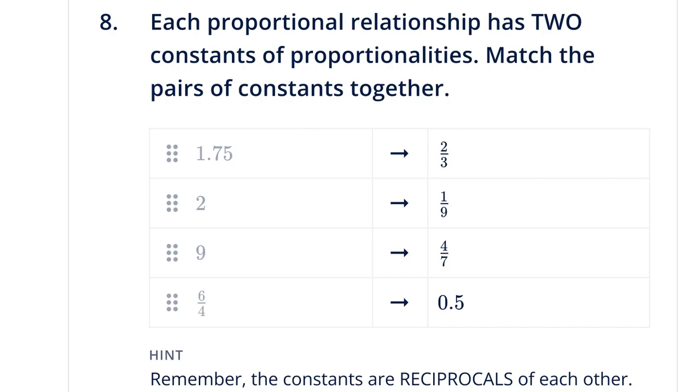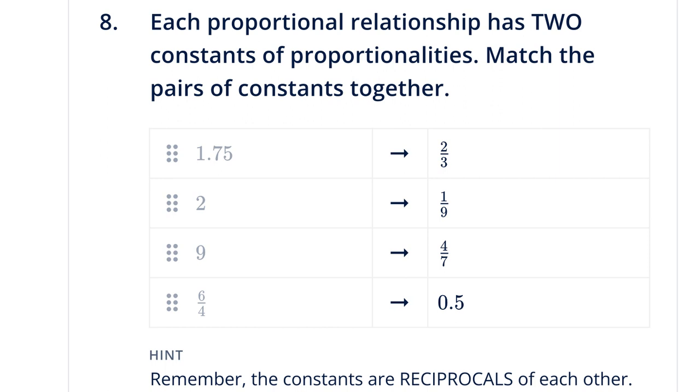All right, question 8. Each proportional relationship has 2 constants of proportionality. Match the pairs of constants together. We have done activities in Desmos and on the assignments, and we've explored proportionalities enough that we figured out that depending on if you're going from x to y or y to x, there is a relationship between those constants.